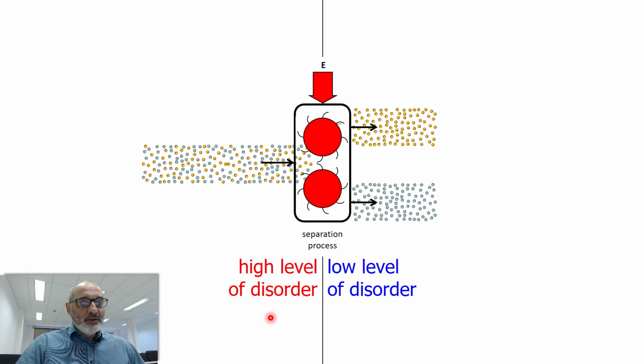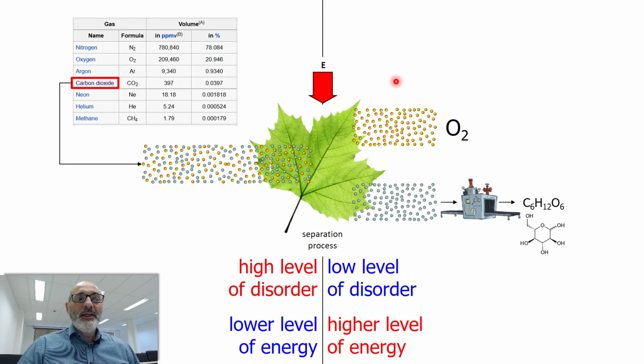If I want to increase the level of order of my system, which is exactly the same as saying to decrease the level of disorder, I need to import organized energy, okay, exergy. So that's our calculation today. And this is a natural process, it occurs in nature, okay? A leaf does exactly this. It separates, it needs CO2 for the photosynthesis, okay?